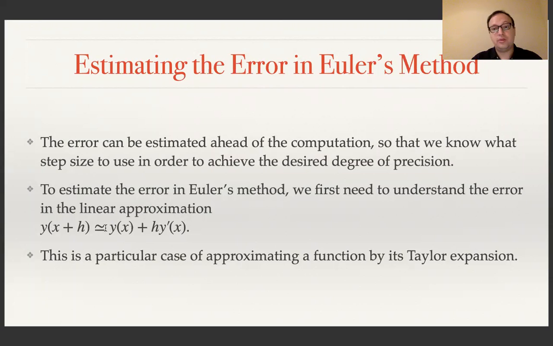It would be true if y were a linear function. In general, for differentiable functions, this is only an approximation. So how big is the error? How big is the difference between the left-hand side and the right-hand side? The general answer to these sorts of questions is given by Taylor's formula.